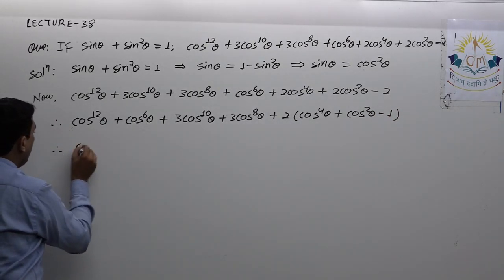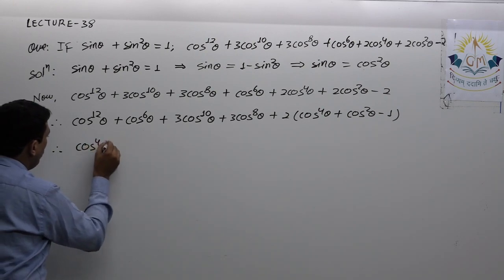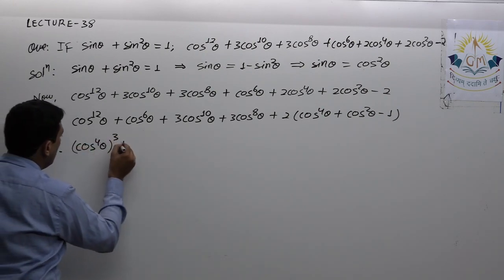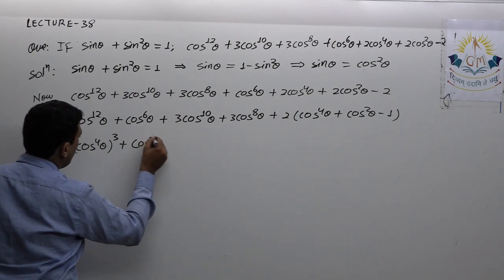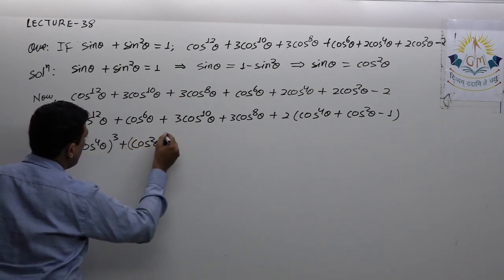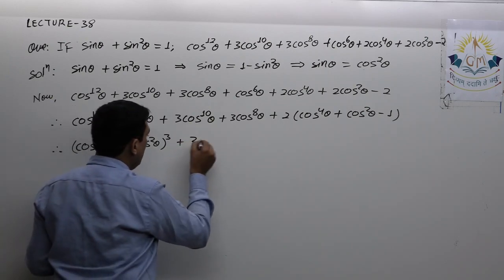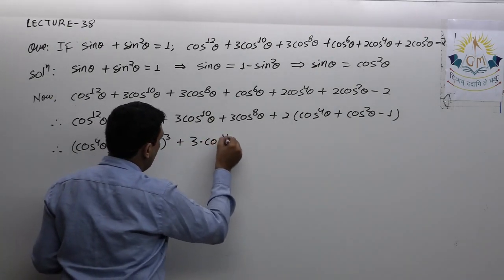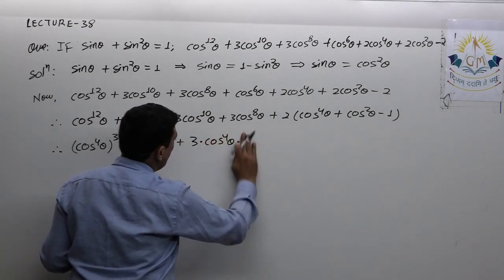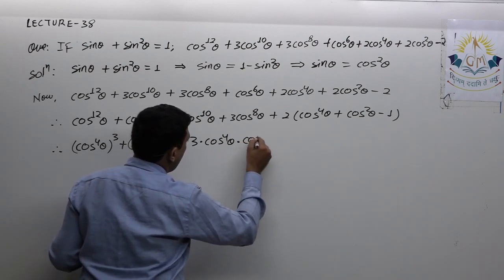Here I will write (cos^4 θ)^3 plus (cos² θ)^3. So a cube plus b cube plus 3 into a into b.